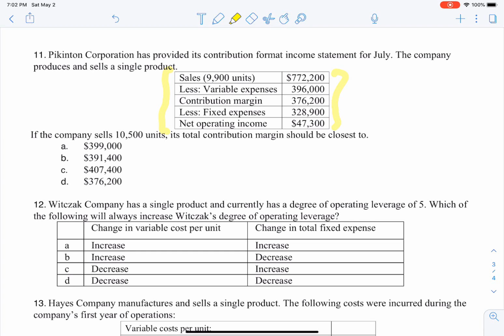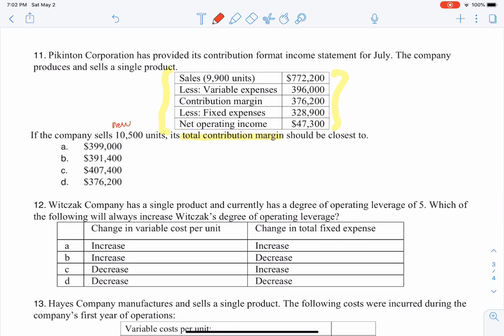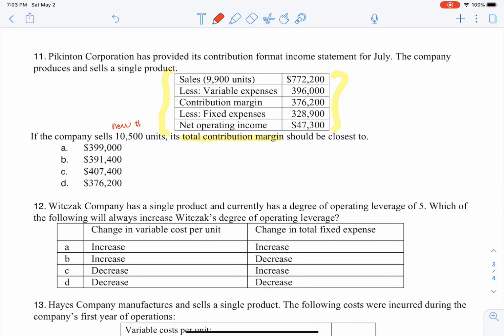So what we're looking for here is the total contribution margin with our new number of units sold. It's given right over here. So instead of using the 9,900 units, now we're going to use our new one, which is the 10,500.